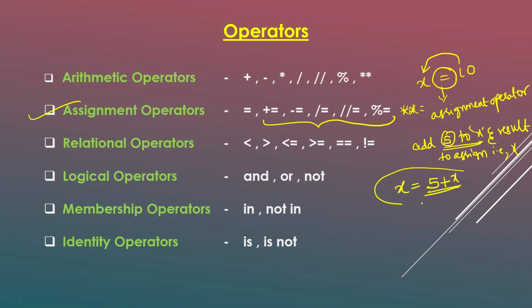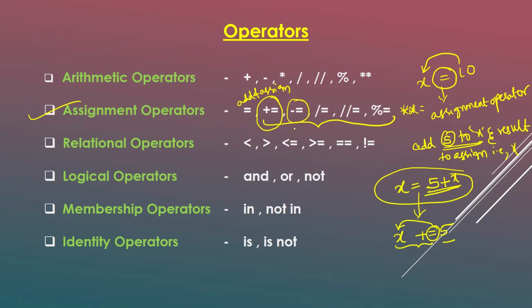Instead of writing it this way, we make use of the assignment operator, that is add and assign. How do we use add and assign? x plus equal to 5. First it will take x plus 5 and this result is going to be assigned to the same variable. This is a shorthand method, and this is add and assign.